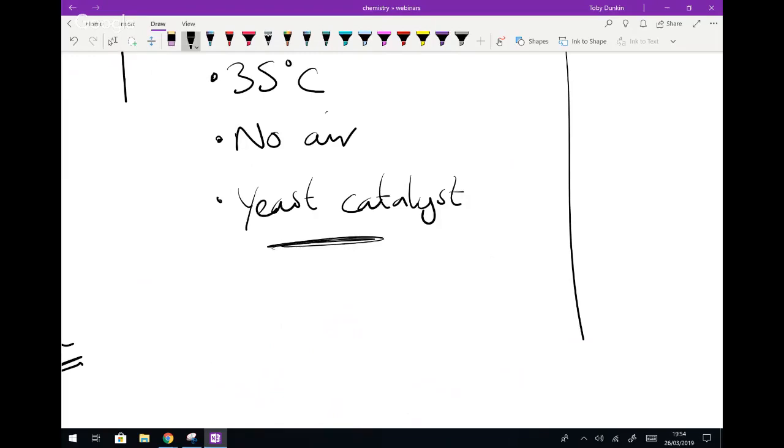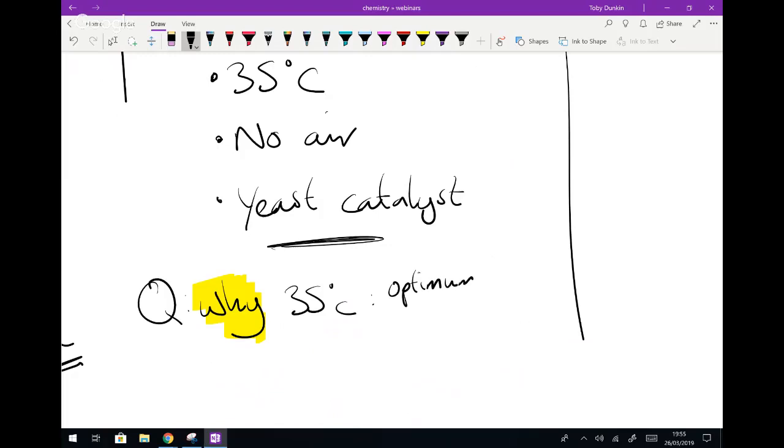Number 1 question. Why 35 degrees C? This whole 35 degrees is very frustrating because the questions are a nightmare, as there's a few of them. Why 35? And by the way, this is important. The answer is optimum temperature for enzyme activity.